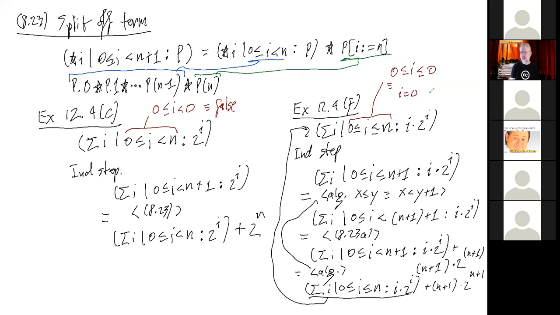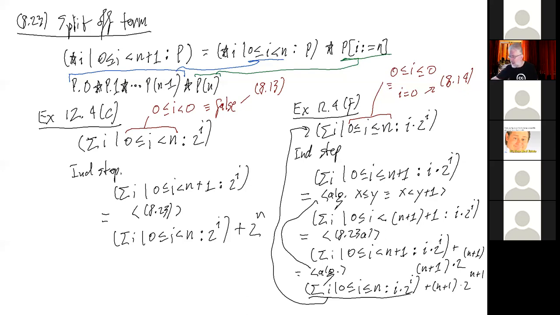That's not false anymore, because there is an I that makes this true. And then instead of using the empty range rule, you're going to want to use the single point rule, which is 8.14. So here you would use single point rule 8.14, whereas here you would then use the empty range rule 8.13. So you do have to be careful.